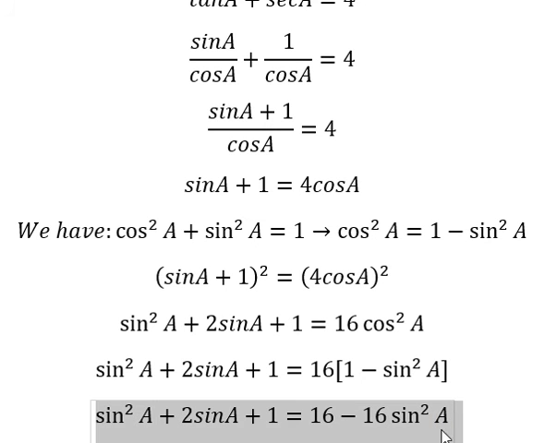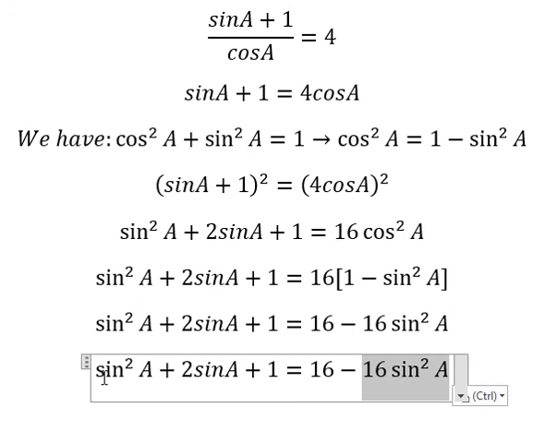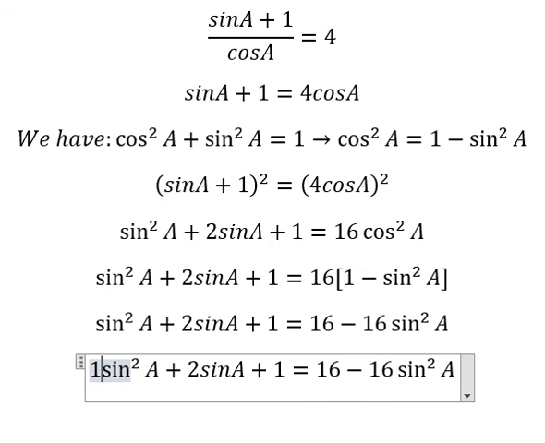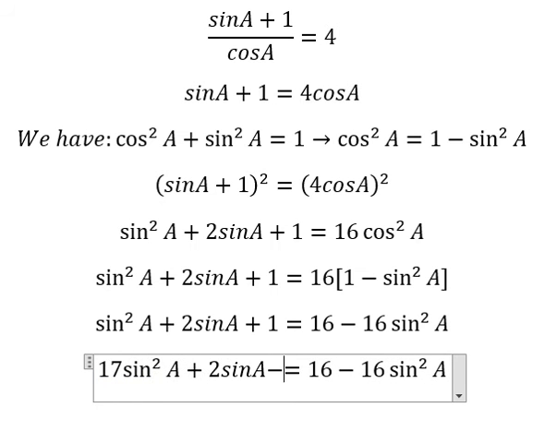So now I will put this one here. So number 1 with number 16 with the positive, we have 17. 1 minus 16, we have negative 15.